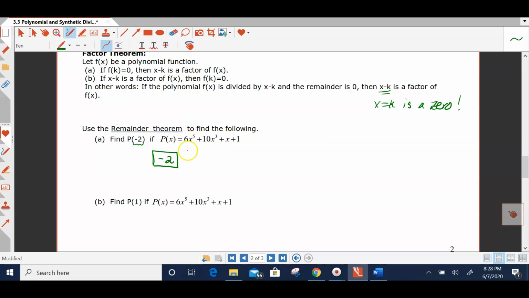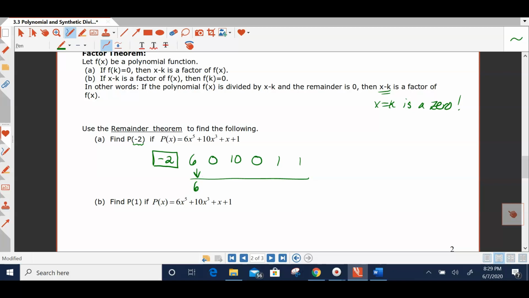So let's list our coefficients. 6 for the x to the 5th. I don't have a 4th power, so I need a 0. I have a 3rd power, which is 10. I don't have a 2nd power, so it's going to be 0. I've got an x to the 1st power with a coefficient of 1 and a constant of 1.